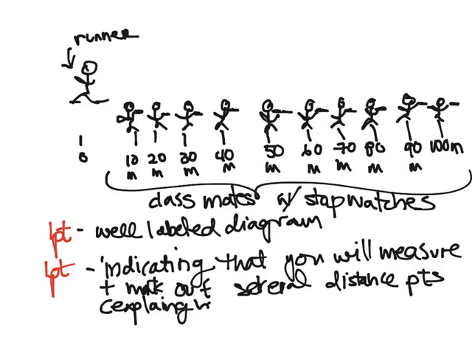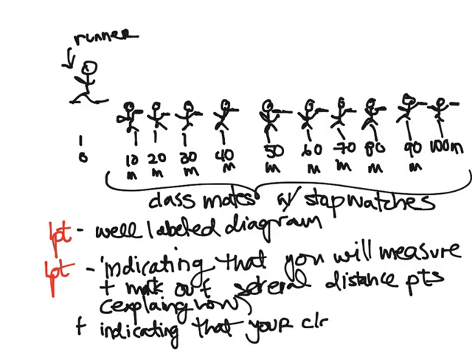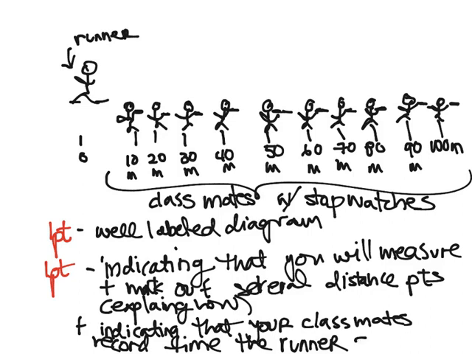So you could say with a meter stick, using the markings on the track, whatever, you need to explain it, and for indicating that your classmates record the time the runner is at each point, and explaining how you take the time.